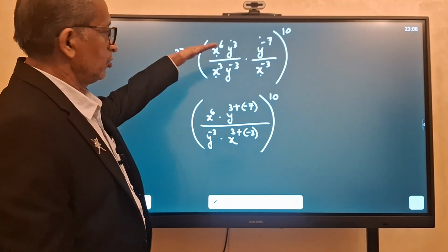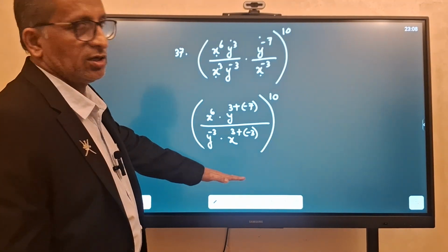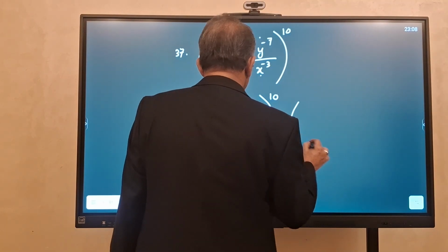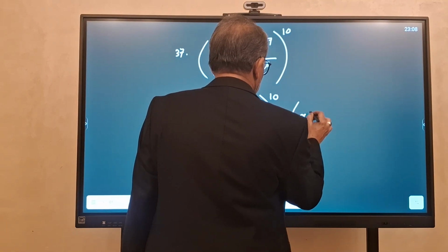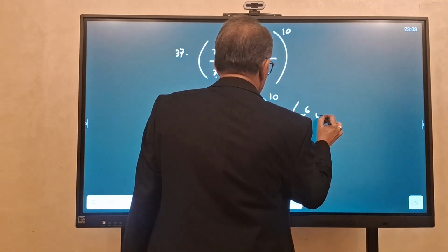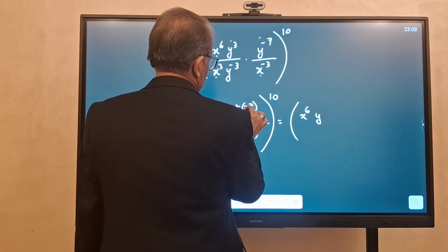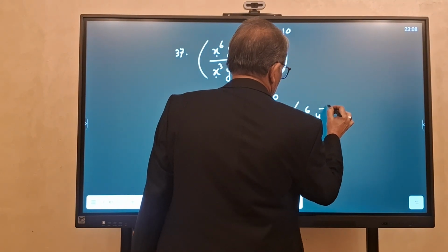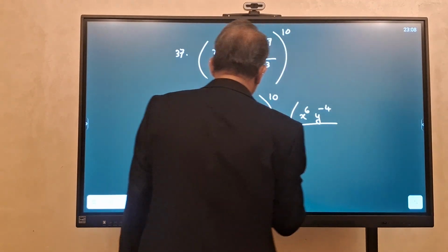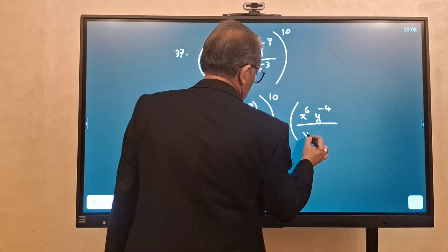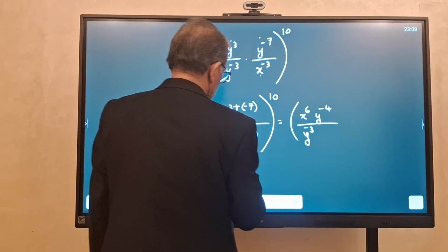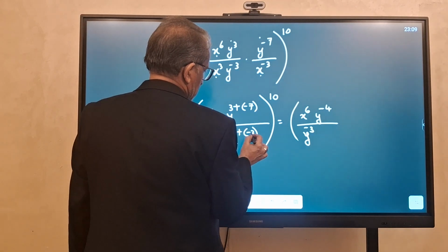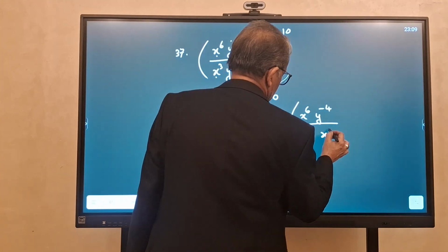So first I do the numerator simplification and denominator simplification. So what does it give you? This becomes x6. This becomes 3 plus minus 7, that is minus 4, y power minus 4. And then y power minus 3, no change. 3 plus minus 3, minus 3 minus 3, it is 0.